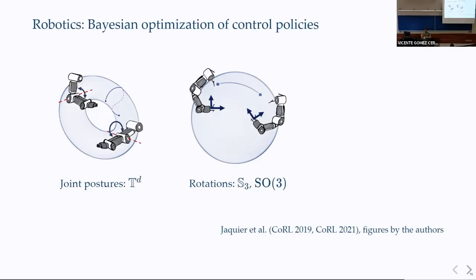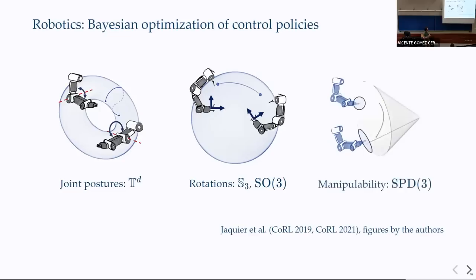Rotations are objects that lie on a manifold, either the three-dimensional quaternionic sphere, or they can also be modeled by elements of the Lie group SO(3), which is a manifold. Or finally, there are these notions of manipulability ellipsoids. Ellipsoids are parameterized by positive definite matrices, which lie in the manifold of positive definite matrices.